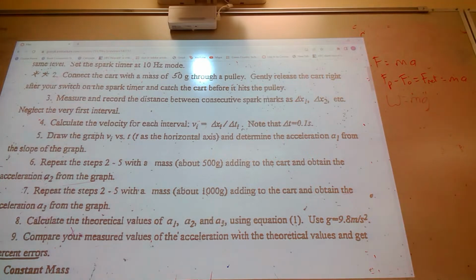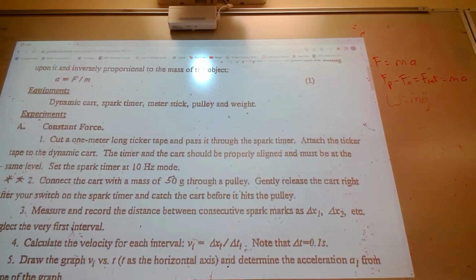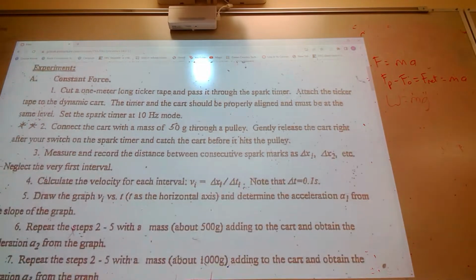I'm going to go through that in a minute. But you're going to get theoretical values, and you're going to compare those to your slopes. Your slopes are your experimental values of the acceleration. So the slope of the velocity versus time graph is going to be your experimental acceleration.